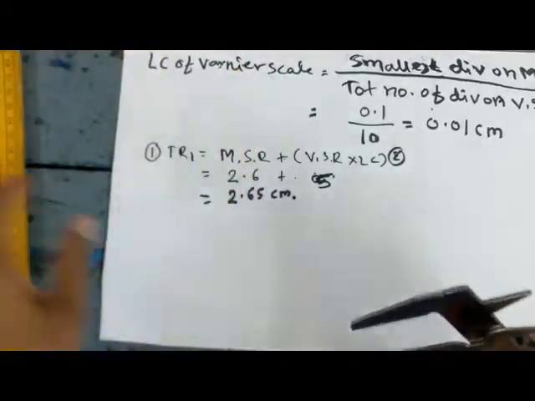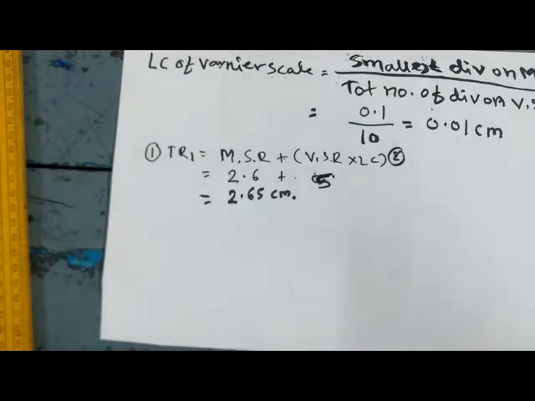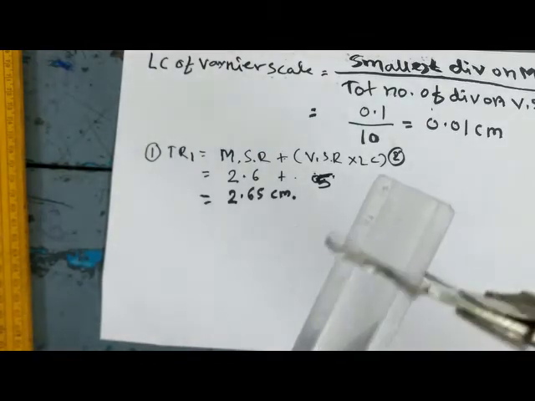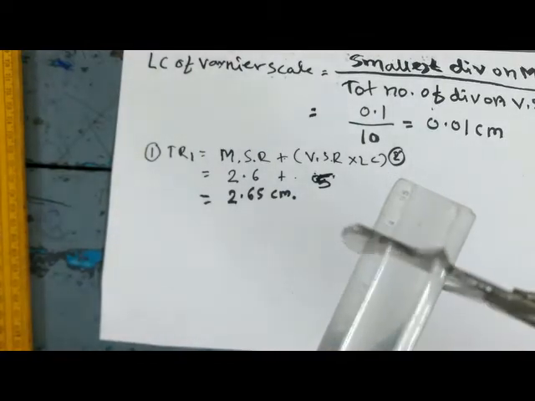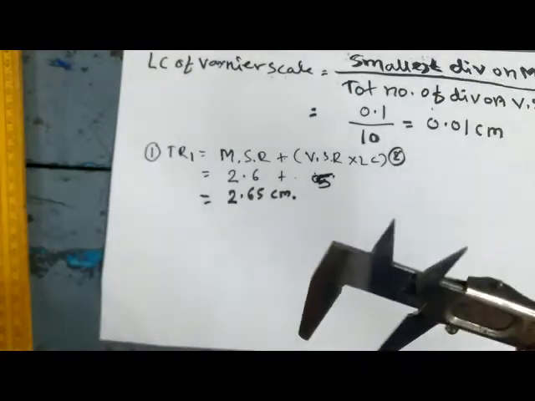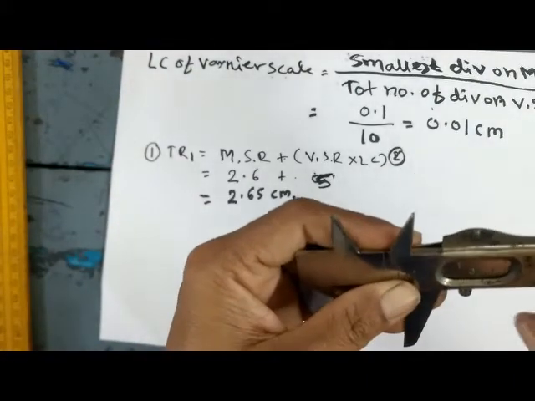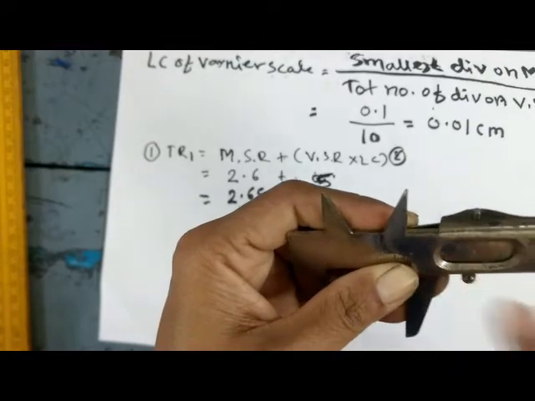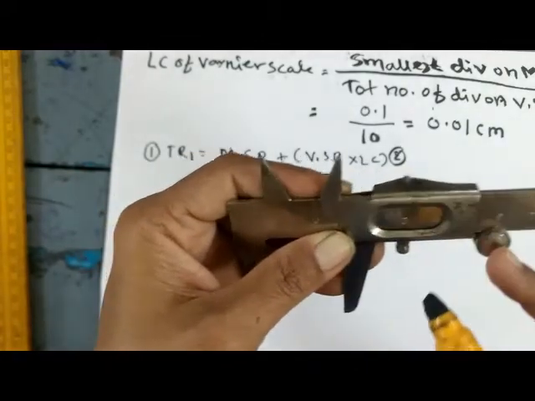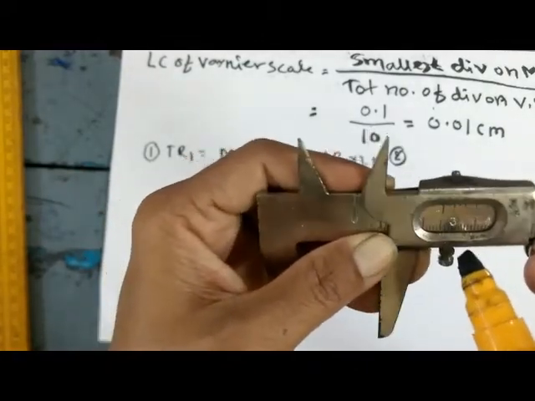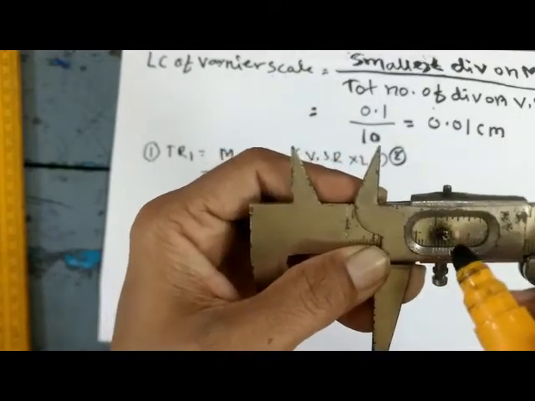We get the second reading in another instrument. See, in this case MSR is 2.5 and the coinciding line is the first line, VSR exactly matches.